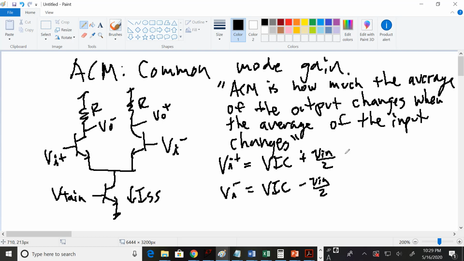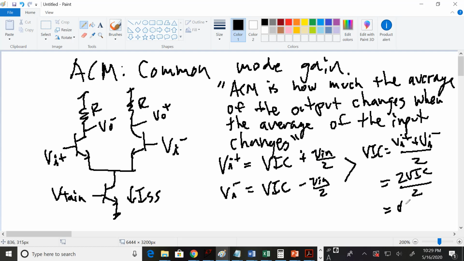And if you average these two, it equals the average of VI plus and VI minus over 2. If you add these two, then the VINs disappear because you have one plus VIN and one minus VIN, and you get 2 VIC over 2, which of course equals VIC. So the average of the input is whatever this offset is. It's that value that the input moves around.